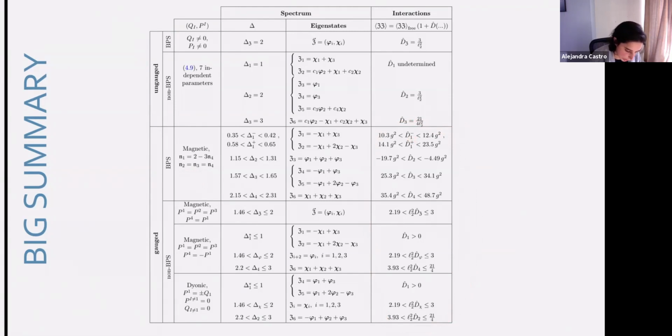What I want to highlight here is that in many of these cases these interactions are positive, but you can see that sometimes the ranges of the interactions can flip signs, so the cubic couplings don't always have a definite sign. This is important for the context of trying to build an SYK-like model.